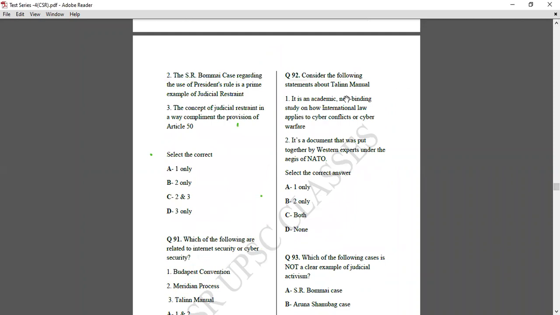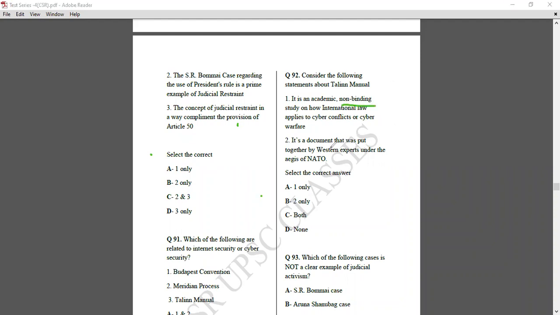Consider the following statements about Tallinn Manual. Tallinn Manual, first of all, is related to cyber security. It's a manual, it's related to cyber security. Some guidelines are mentioned. It is an academic, non-binding study on how international law applies to cyber conflicts or cyber warfare. Yes, it is correct. It is non-binding.